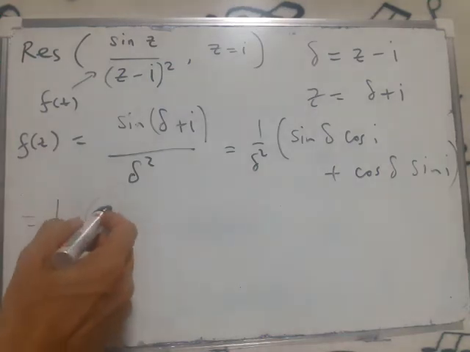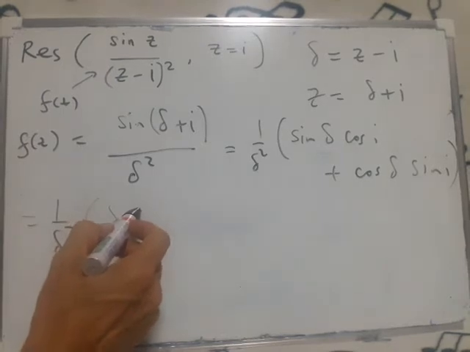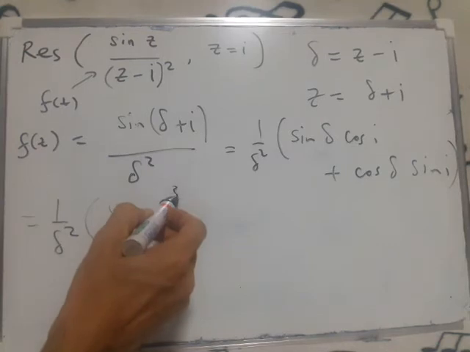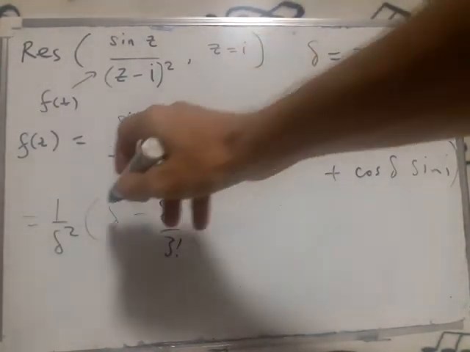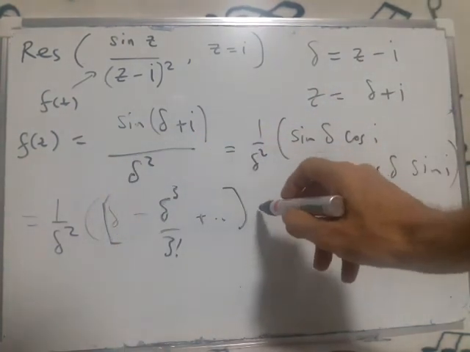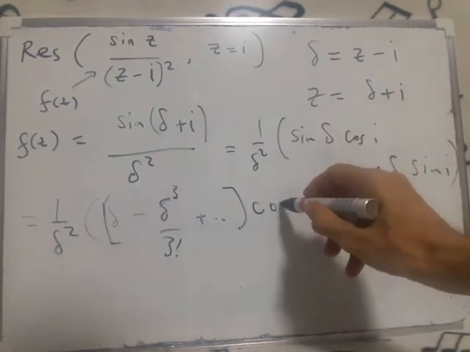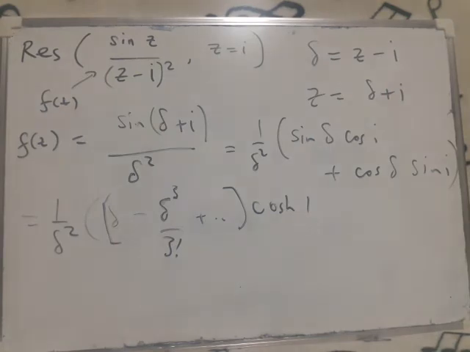So sine delta we can write as delta minus delta cubed over 3 factorial, etc. We can actually stop here, and cos i is of course cos 1.